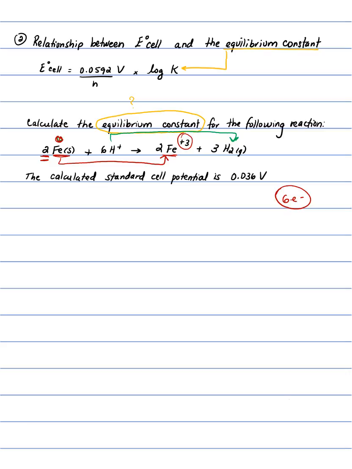So two protons, each one is gaining 1 electron to give you H2. So if you have 6 protons and you're getting 0 on the other side, that's your oxidation number for hydrogen, that's 0. It means that each proton is gaining 1 electron. Since you have 6 protons, right, and all of your protons are gaining electrons, all 6 of them are gaining 1 electron each one, you have 6 electrons.